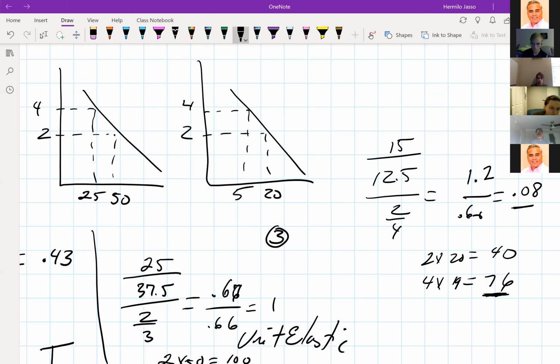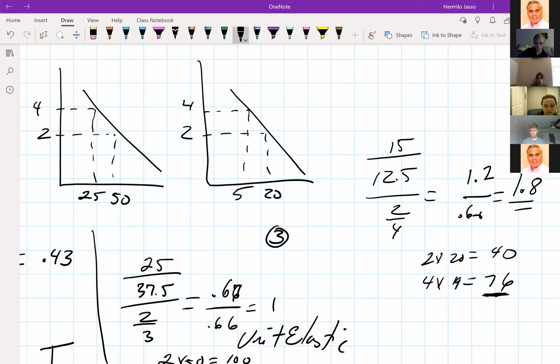And 1.2 divided by 0.66 equals 1.8, which simply means that it is what? Elastic or inelastic?